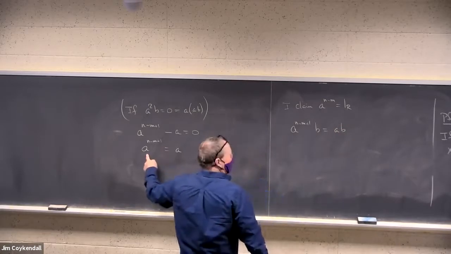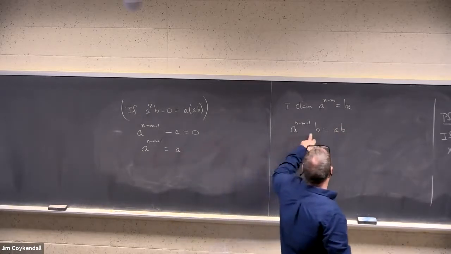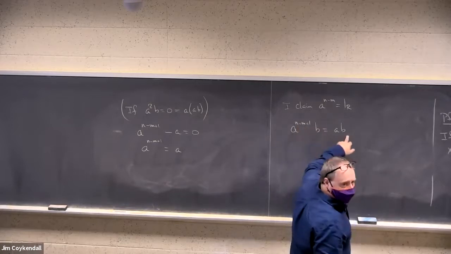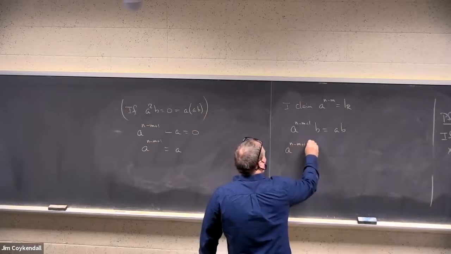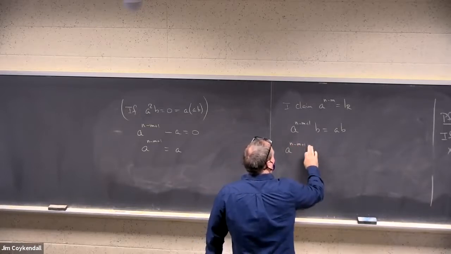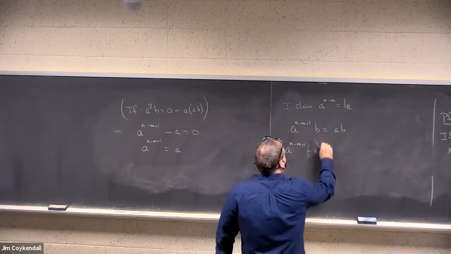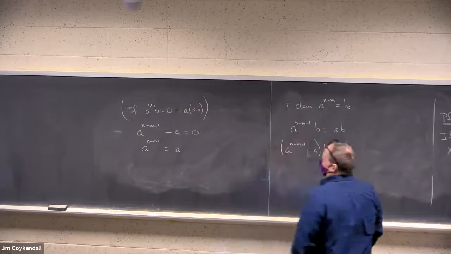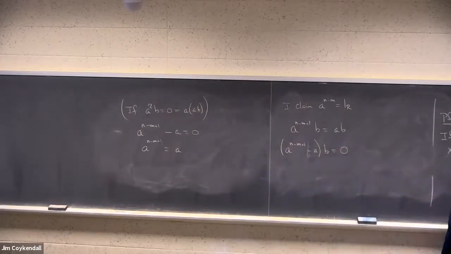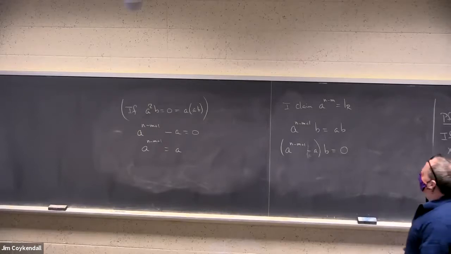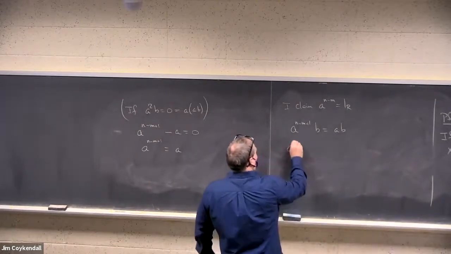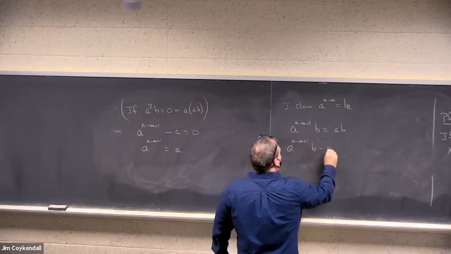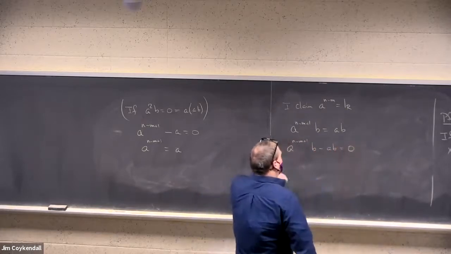Proof. Using this equation right here, let's multiply. A to the n minus m plus 1 B minus AB is 0. Now I want to factor an A out.